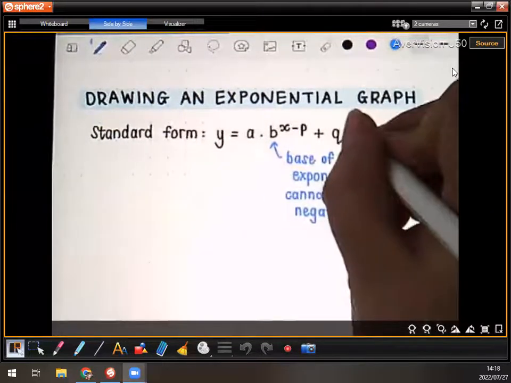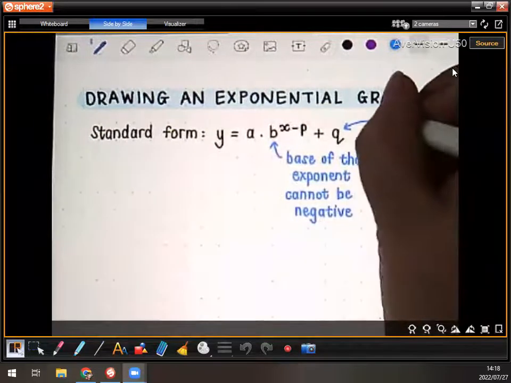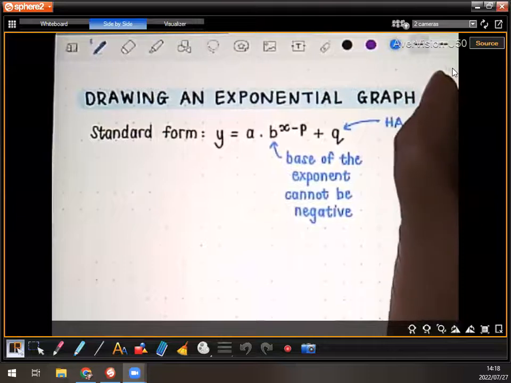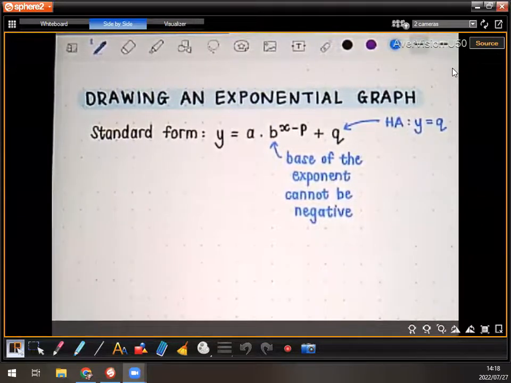Now what happens is your q value, just like with the hyperbola, is going to give you the equation of your horizontal asymptote. All right, so that is similar to the hyperbola.